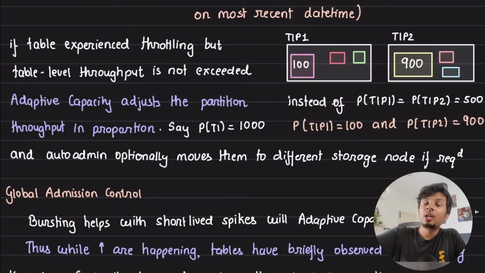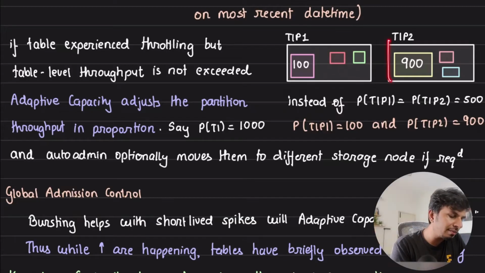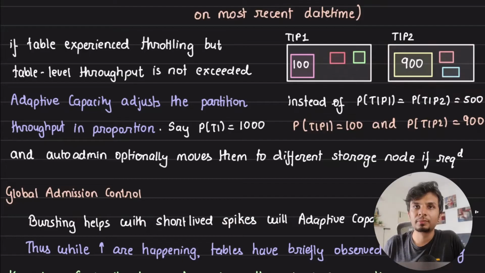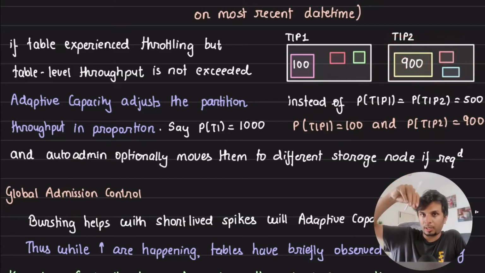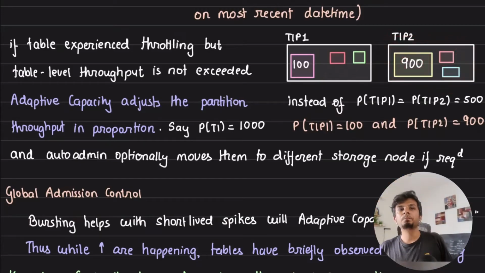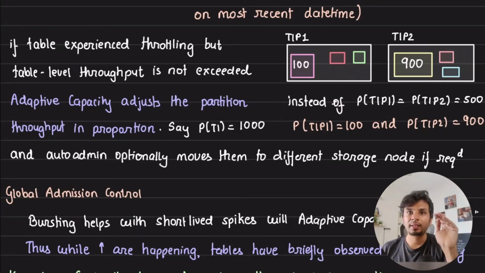But here, the global limit for the storage node would still remain the same. The auto admin service would not allow other huge partitions to be present on this storage node, because the summation of provisioned throughput on each of these should be less than the total that a node can handle. It would still ensure that.